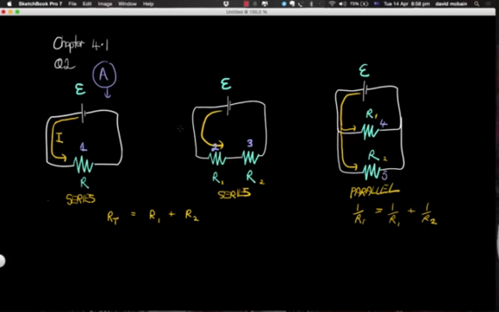In circuit B, all the current coming out of the battery must flow through R1 and R2. So whatever the current flowing through R1 is, that must be the same as the current flowing through R2. So in this circuit, the current flowing through R1 will equal the current flowing through R2, which will equal the current coming out of the battery.